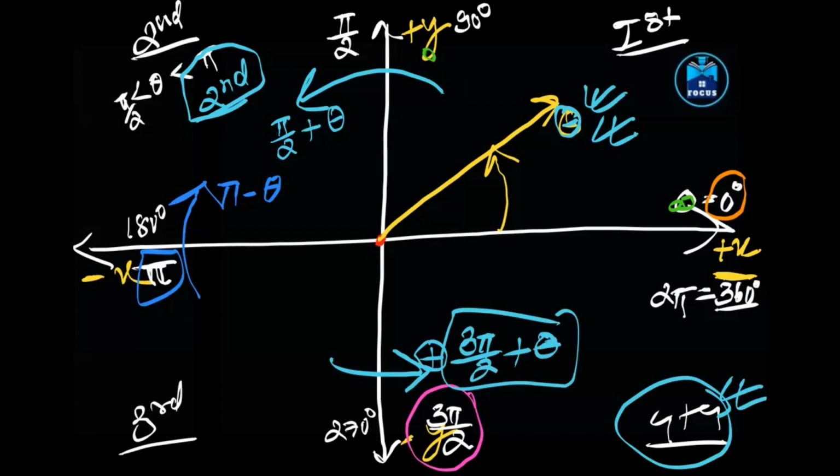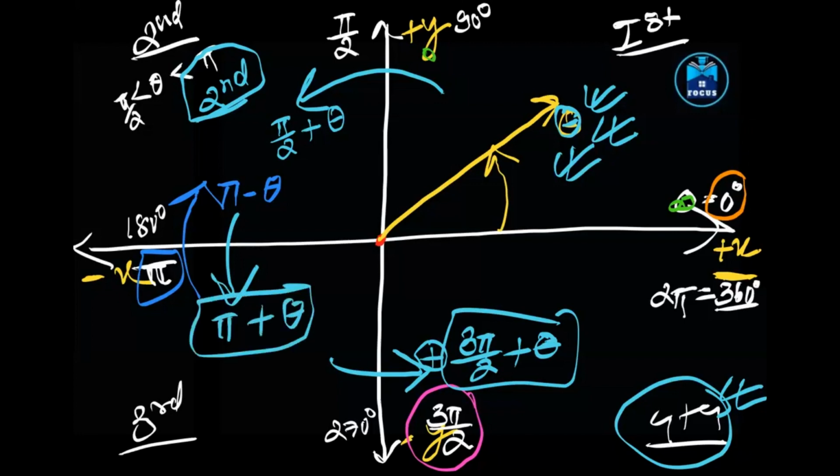Okay, now I'm going to keep on challenging you by asking. Now tell me, if I want to bring this theta into the third quadrant from this direction. Pi plus theta. Very, very good.